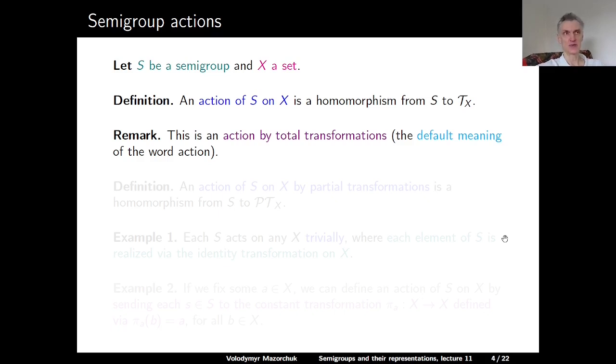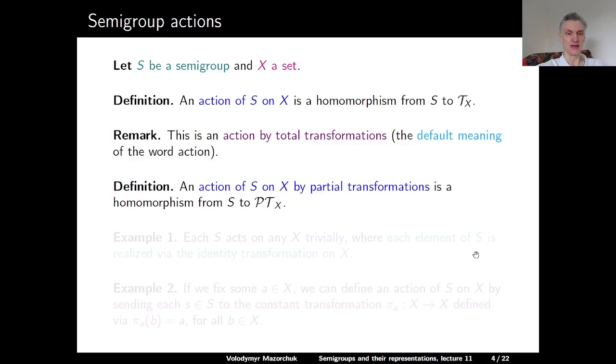For other actions we will talk about actions with some other modifier. So for example, an action of S on X by partial transformations is a homomorphism from S to the semigroup PT_X of all partial transformations of X.